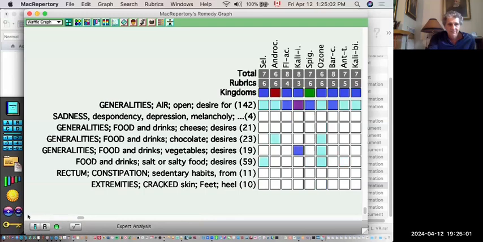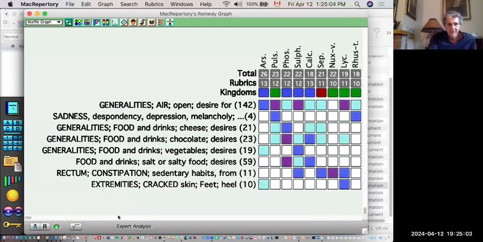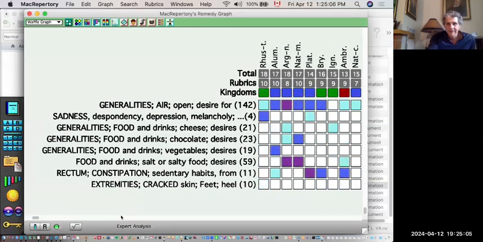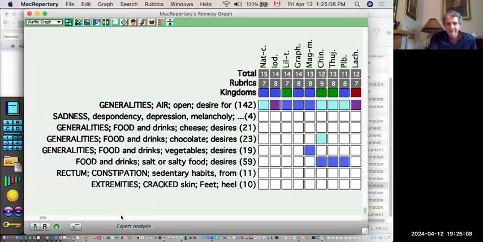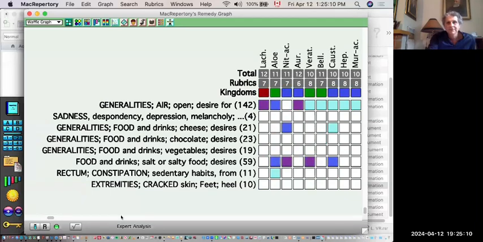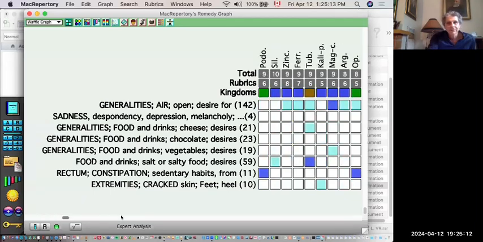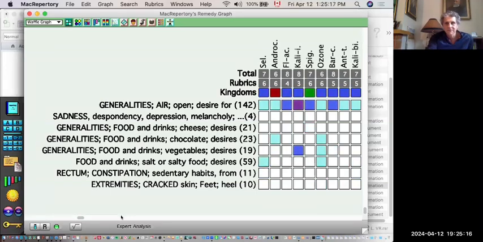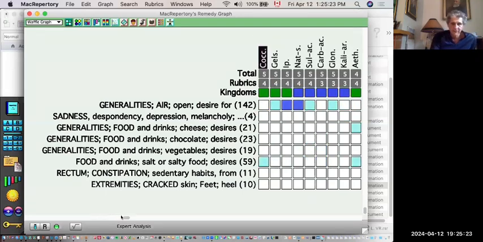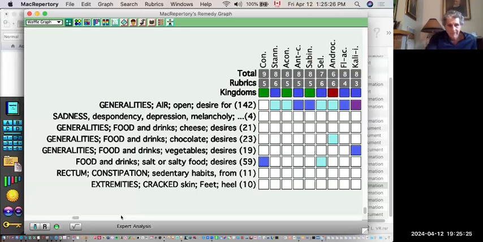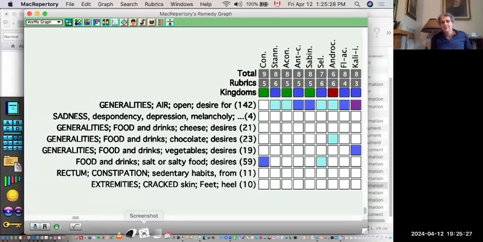Let's do it again. 9, 18, it's not there. 27. I don't see it. Where is it? It's really far. Well, I don't know, we must skip it. Oh, it's got 4. In any case, it's 5 out of 9, so it's very far. So you wouldn't have found conium.